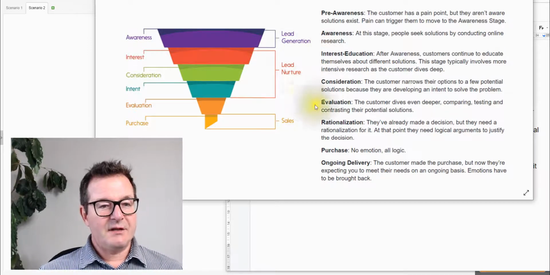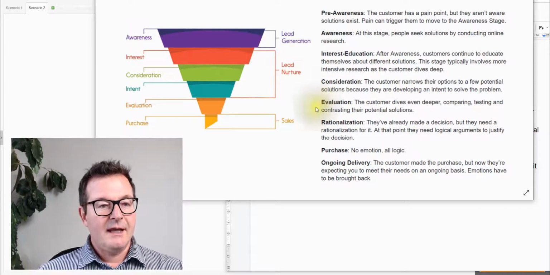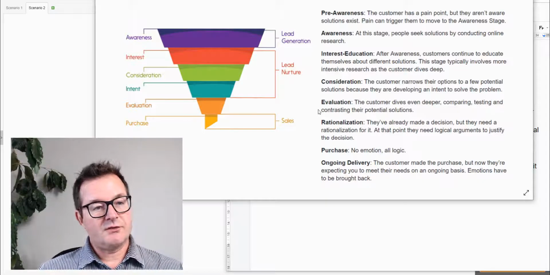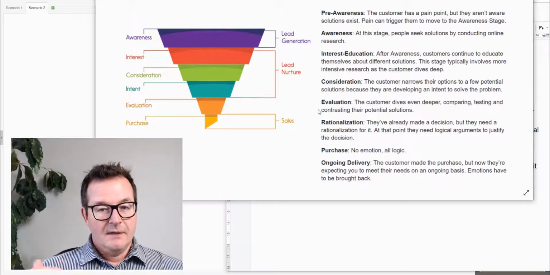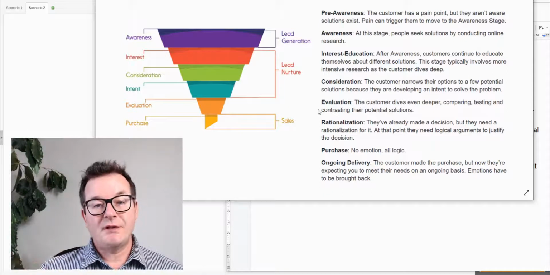Then you have the evaluation, where the customer is deeper into the funnel and is testing and comparing your solution to somebody else's. So it's very important to stay on top of their mind. For that, the solution you have to bring is a rename. Okay, you have to put the problem name into your program name.